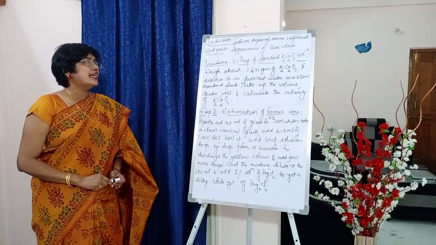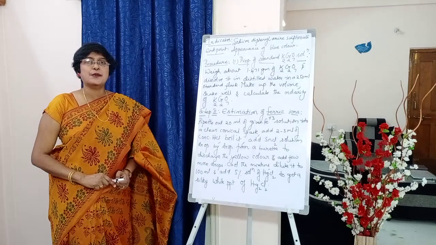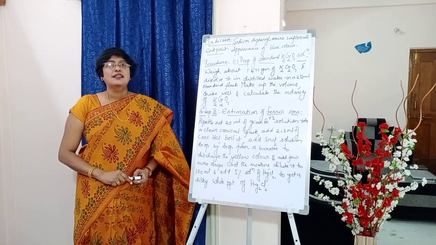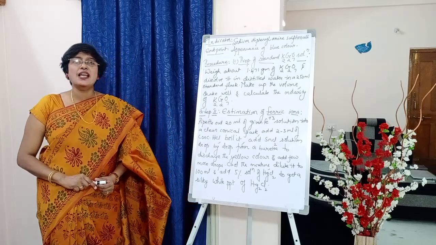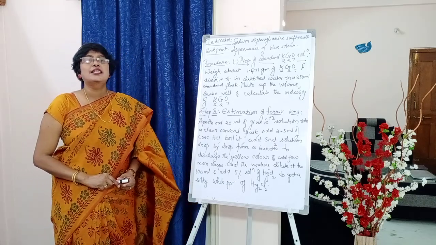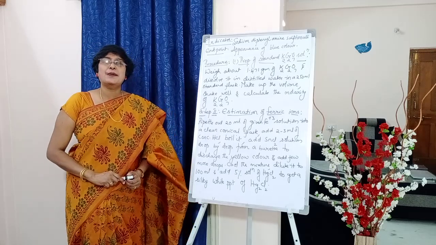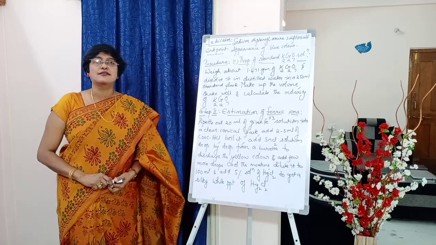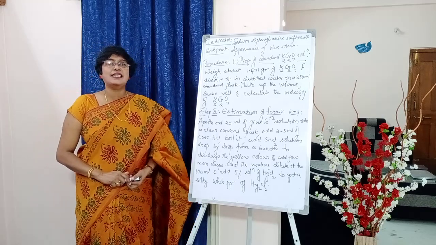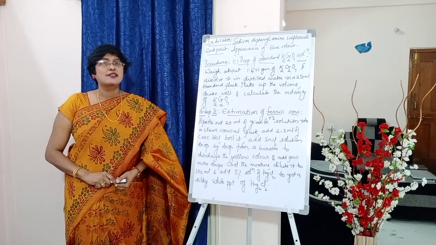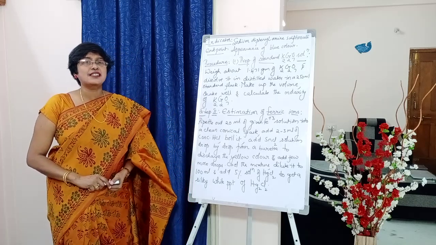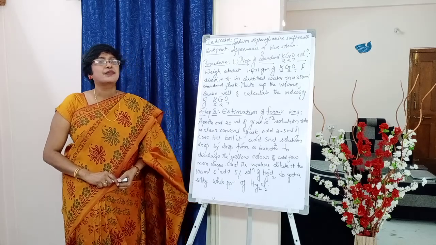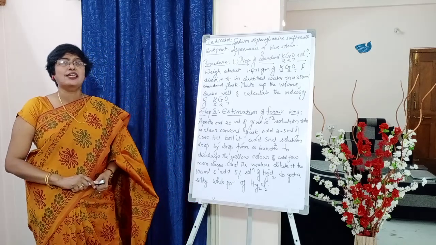Now next comes the procedure, students. Put the side heading procedure. Under procedure, step 1: preparation of standard K2Cr2O7 solution. So the same first step, students, like we followed for the previous experiment. That's the same procedure we follow here also.